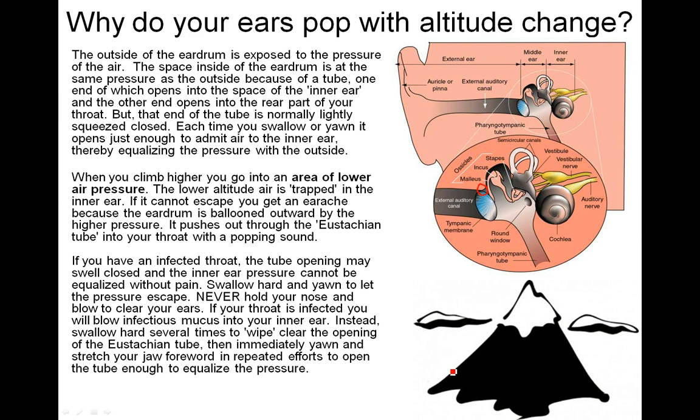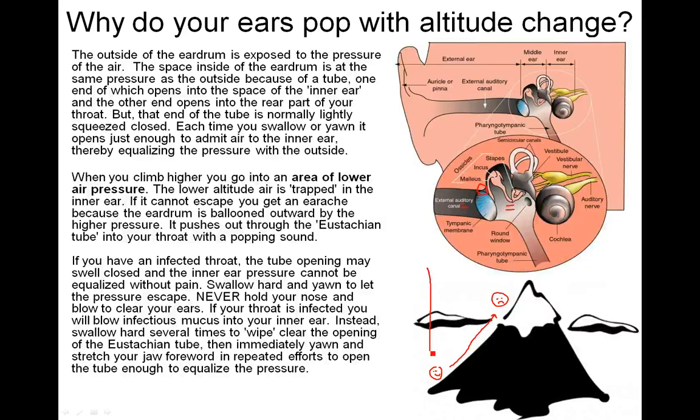So then you have your inner ear here, and just the outside air here. If you are down on the surface at the bottom of a mountain, and you're yawning, talking, moving your jaw, this gap opens up and the air pressure is equal, inside your ear and outside. But then if you start to climb the mountain, as you go up, what happens to the pressure outside?